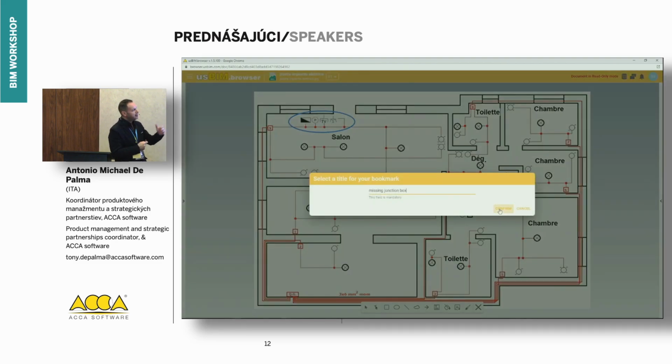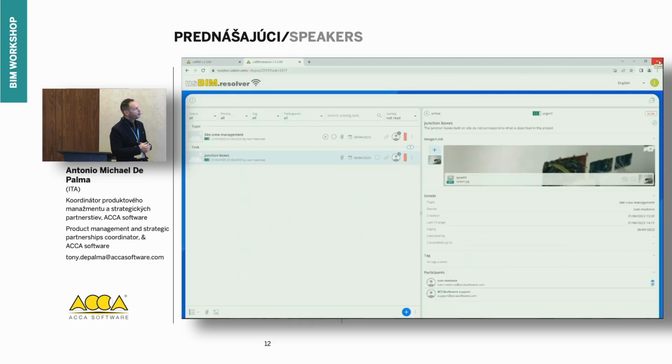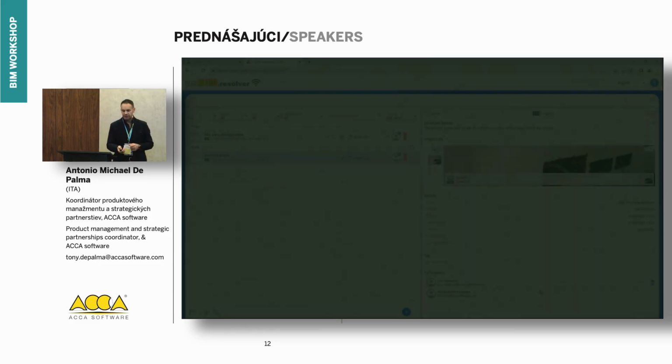So these can be selected directly on a PDF, on a CAD file. It could be the BIM model, of course. We always use the BIM model as a central point of collaborative workflows and therefore assign it for the issue management. So we have that also included inside the usBIM ecosystem.